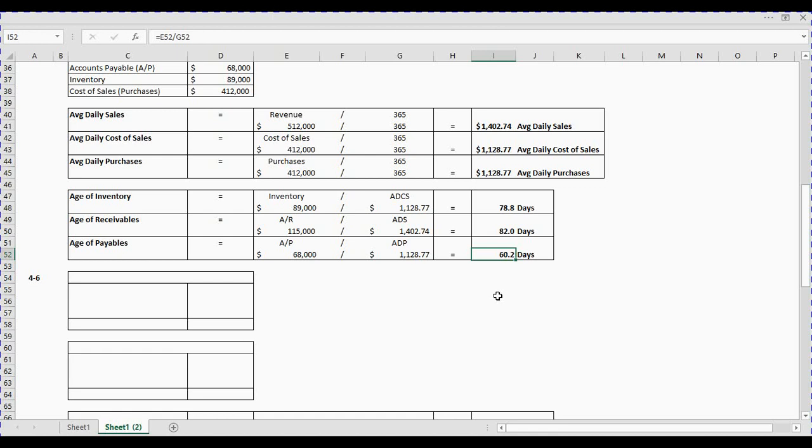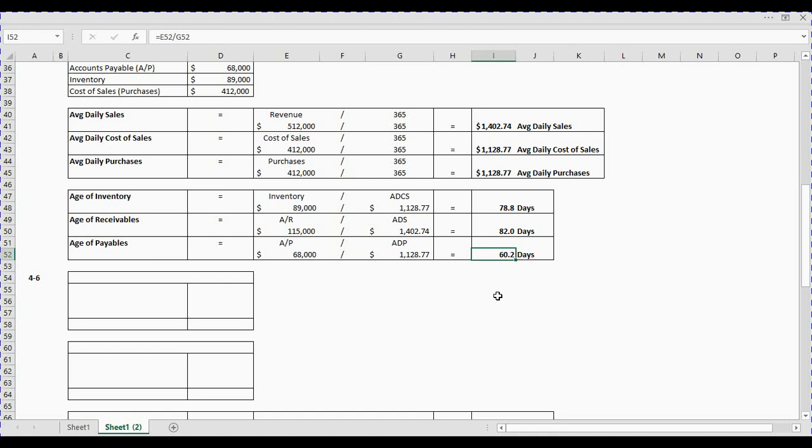So normally we'd like to see this number under 30 days. And if I'm analyzing this company and I see that number going from 20 to 30 to 45 to 60 over a period of time, I'm immediately going to have suspicions that this company is having a problem with its cash flow and it's unable to pay its vendors promptly.